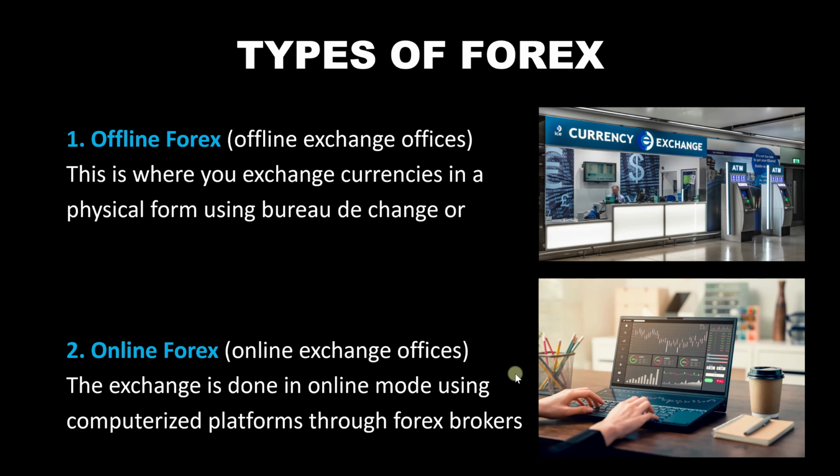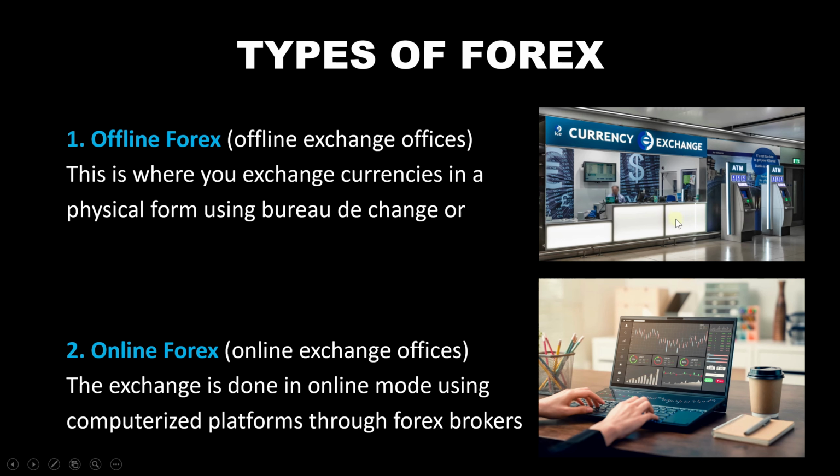So there are two types of forex. We have the offline forex exchange, which is the offline exchange offices. If you have ever been in one of these airports, maybe you have seen something like this, where you can exchange your currency from one currency to the other.